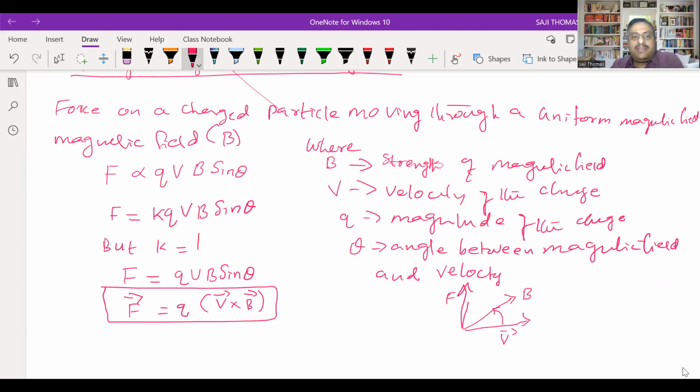We can also determine the direction of force by using Fleming's left hand rule. What is Fleming's left hand rule?